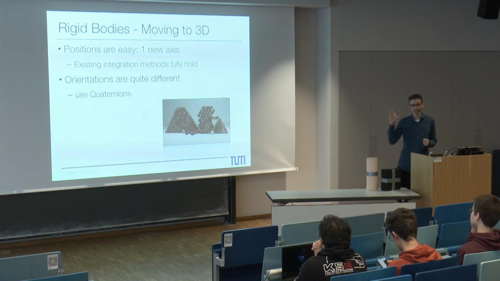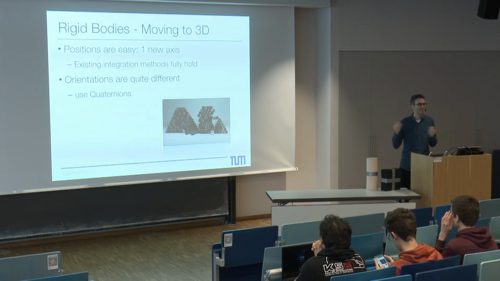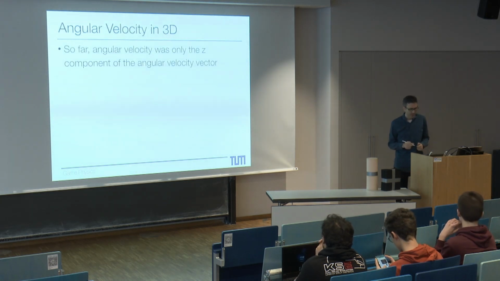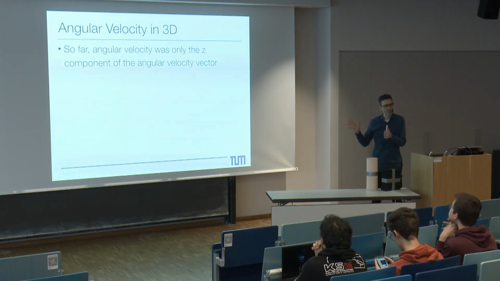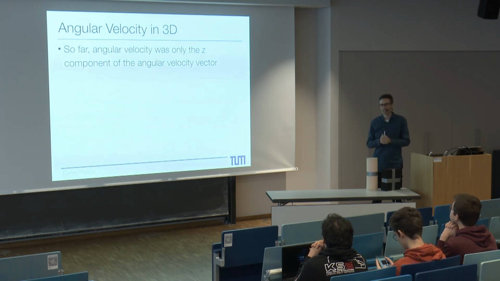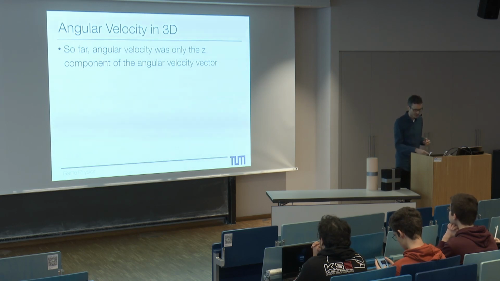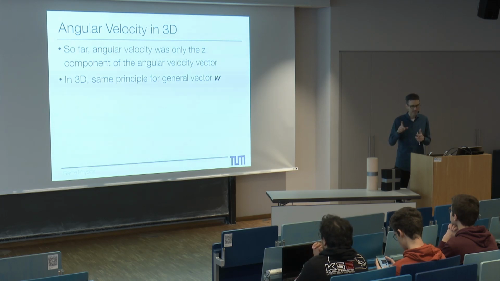Instead of what we had in 2D before, where a single angle was fine, now we need a quaternion to work with. The angular velocity actually extends quite nicely. That was basically the reason why it was introduced as a vector, even though we could also have worked with a scalar quantity in 2D, but we still have a 3D vector denoting an axis and a rotation around that axis.